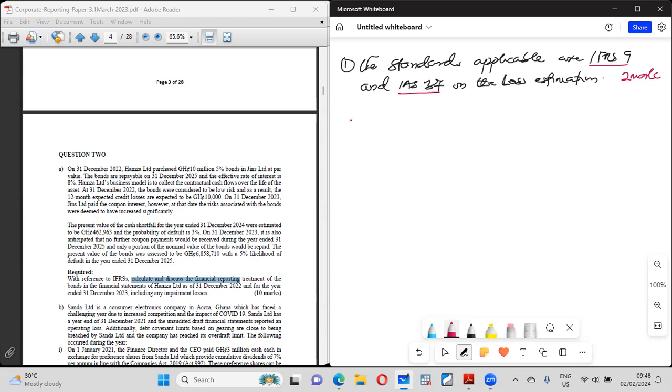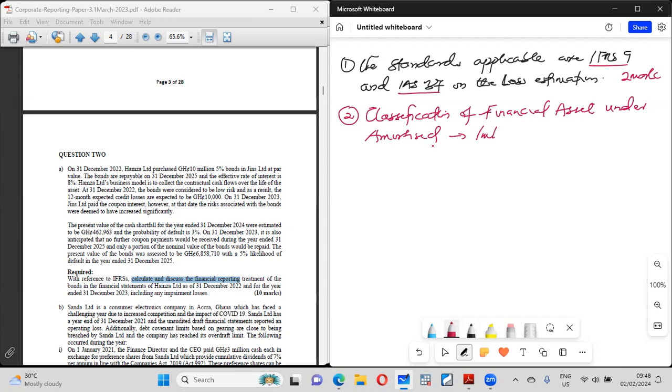Now you come into the IFRS 9 concept. They said that they will hold the bond to maturity. So your ability to identify that it is amortized cost is also another mark. So classification. The classification of financial assets. If you're able to say this, 1 mark.